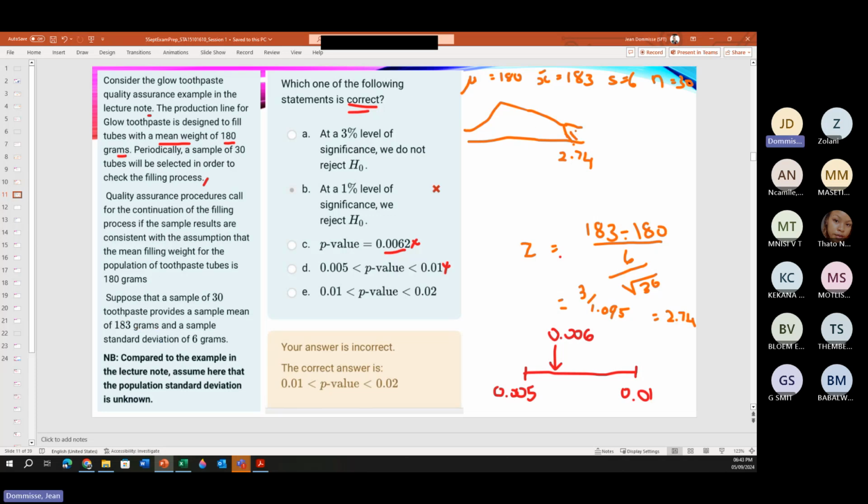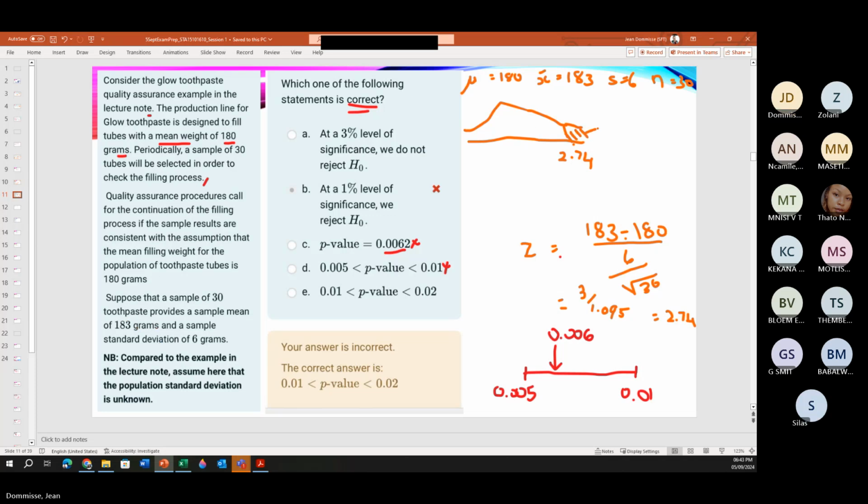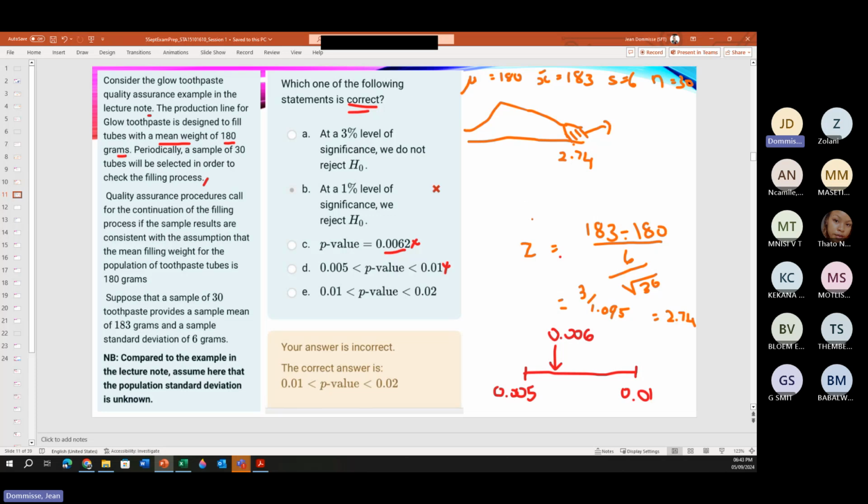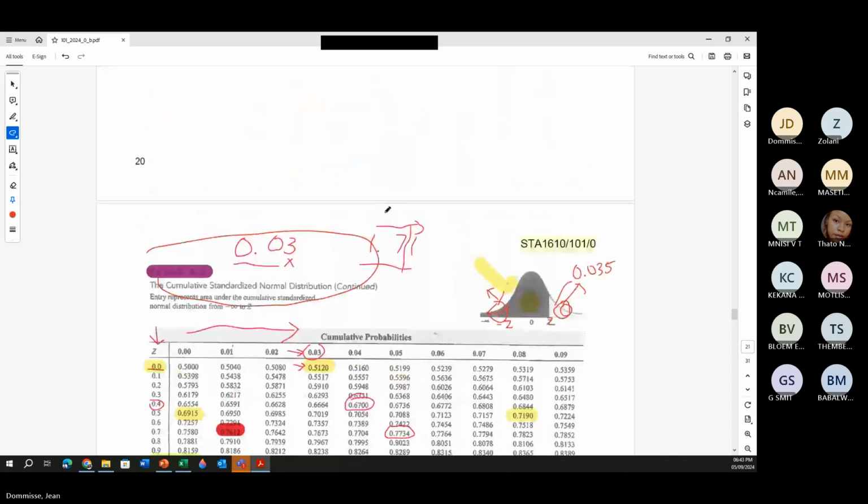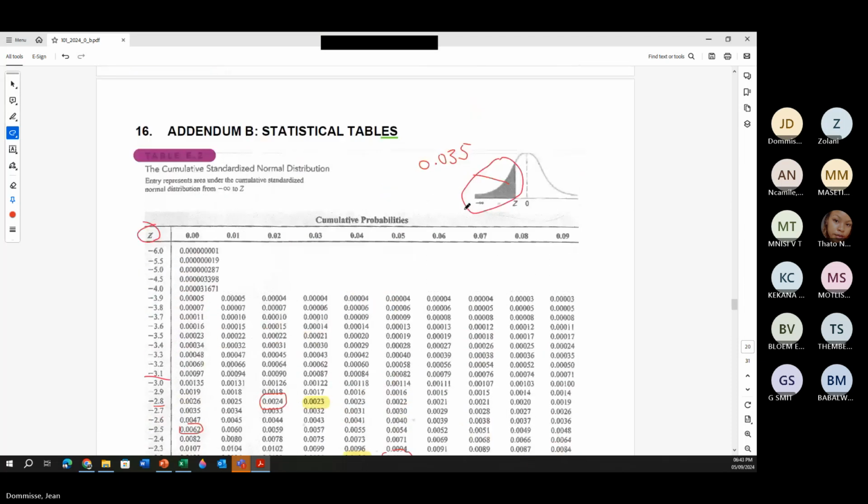Okay, so let's look at what that p-value is at 2,74. 2,74 will give us that space. So let's rather just look at the minus 2,74 to see what is the p-value.